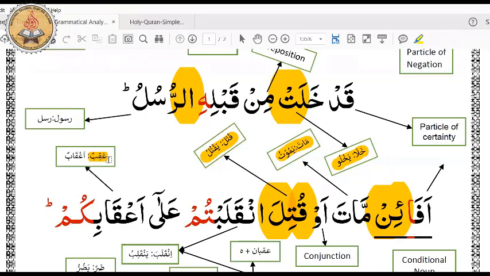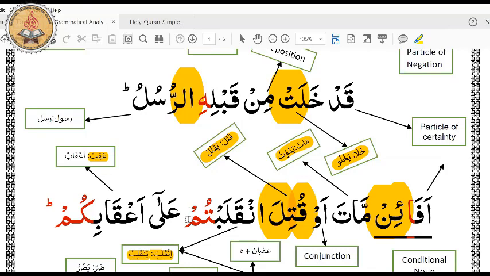So heel, aqibun, and its plural is aqab. So inqalaba here means he turned away, turned around. Inqalaba, he changed, he turned around. And yanqalibu, he turns around. So this is present.